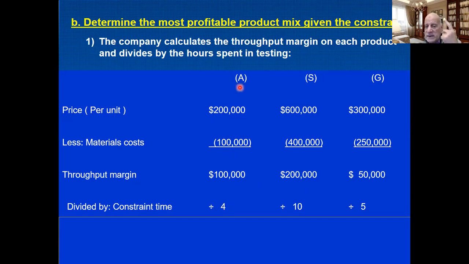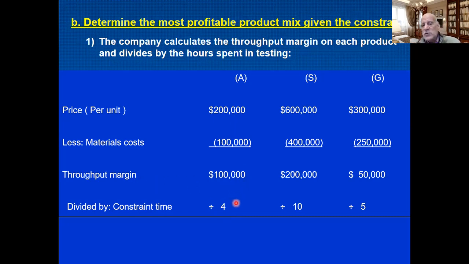Producing and selling one unit of product A gives a throughput margin of $100,000, but this is through consuming 4 hours.